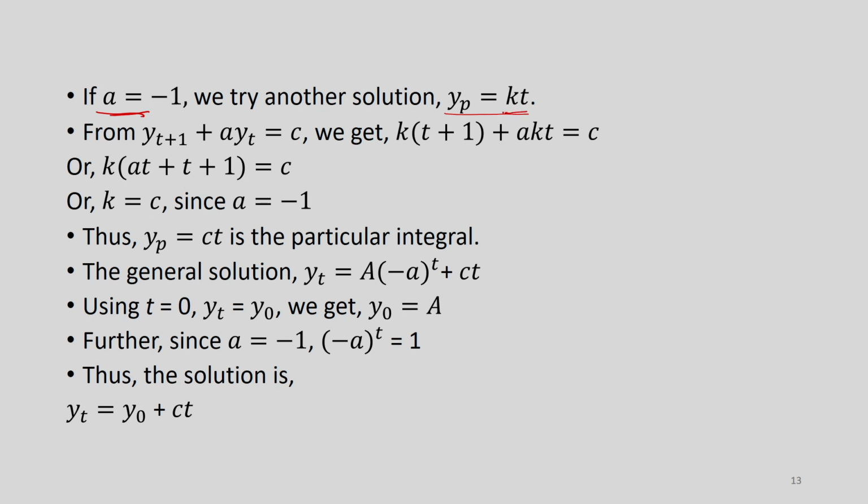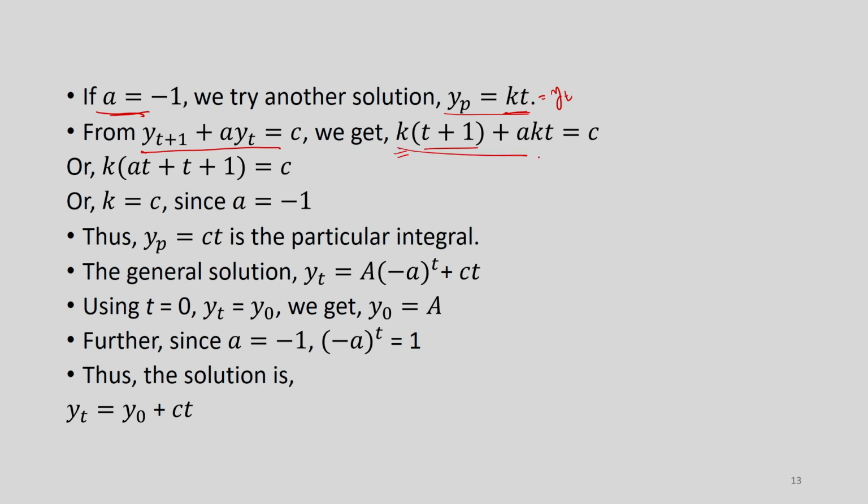So, this yp, which is basically equal to yt, we substitute that here, and if we do so, then instead of yt plus 1, I write k multiplied by t plus 1, plus a multiplied by kt, is equal to small c.